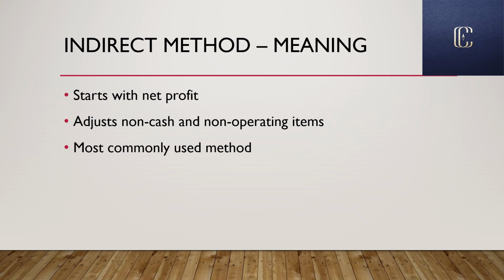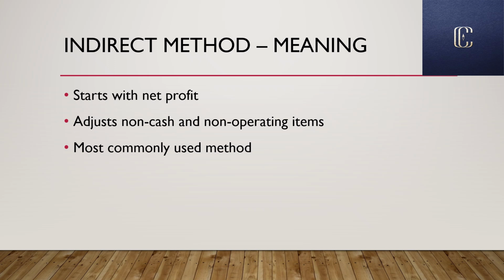This is the most commonly used method by big companies and banks. The reason is it matches with accounting records. It is easy to prepare from the profit and loss account.